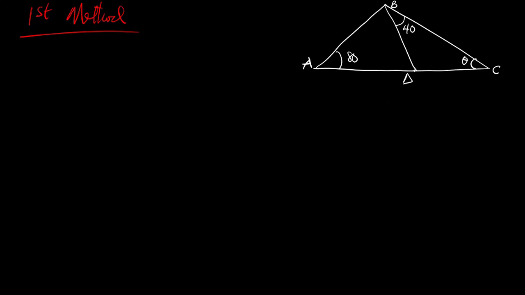What I will do now is extend the line from BD. Then I will draw a line to meet this extended line from BD at E in such a way that this side here, CE, is equal to DE.